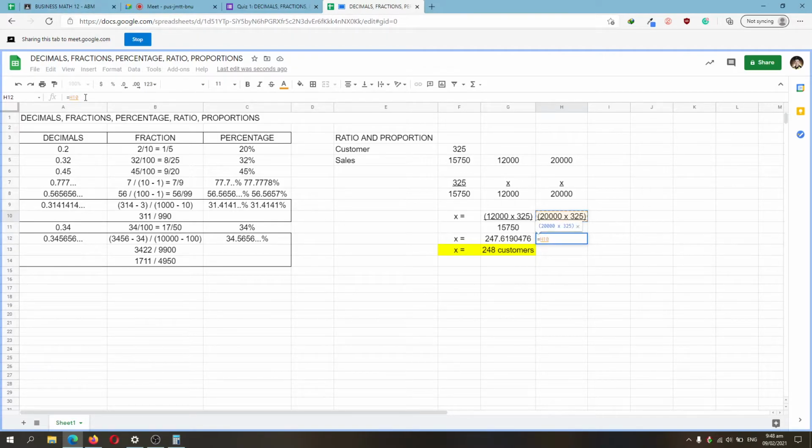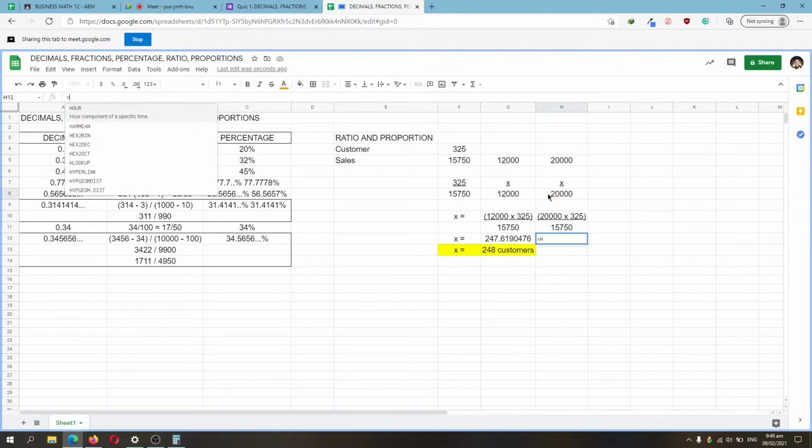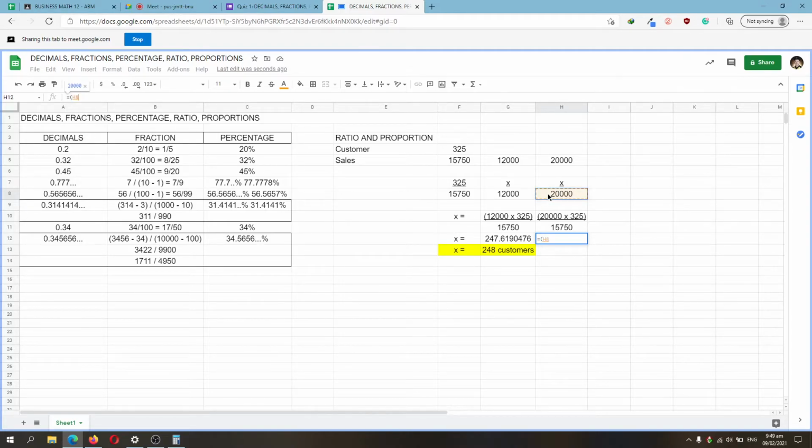20,000 multiply by 325 divided by 15,750.